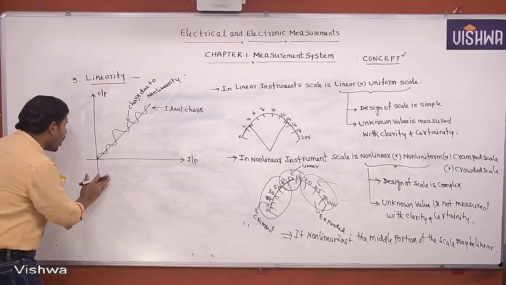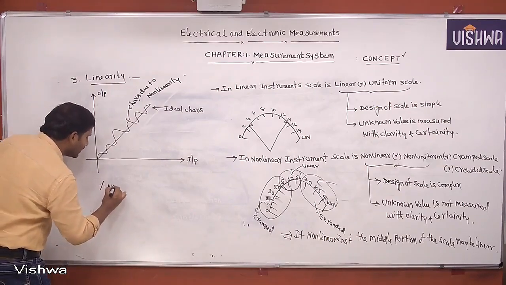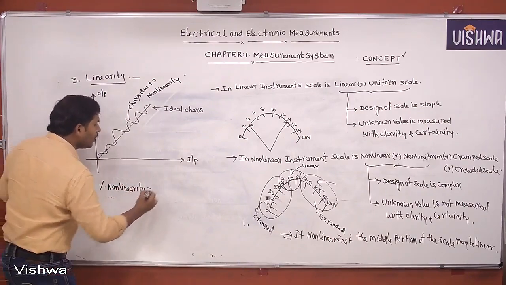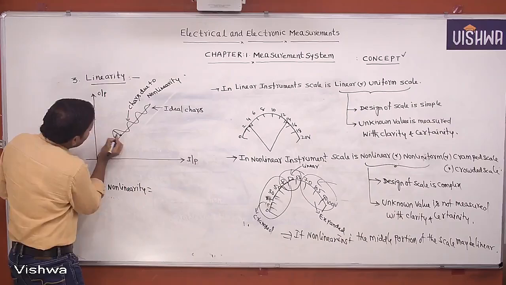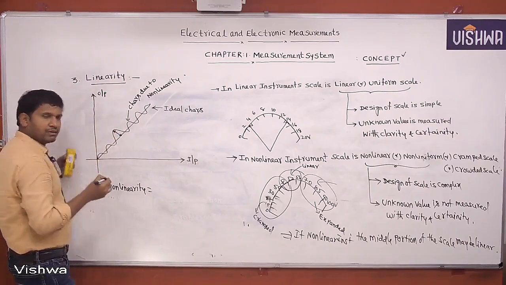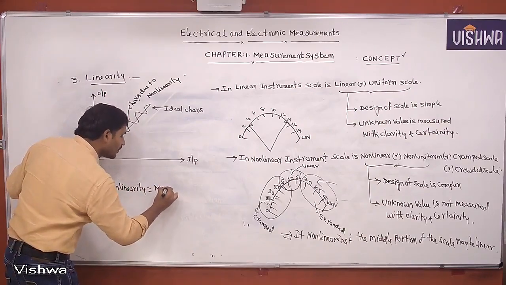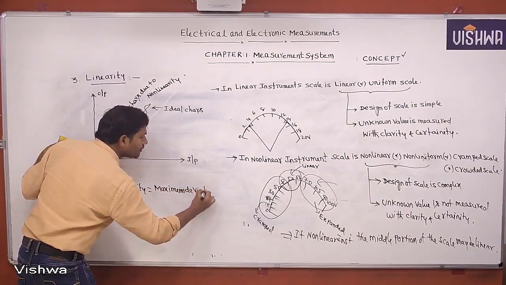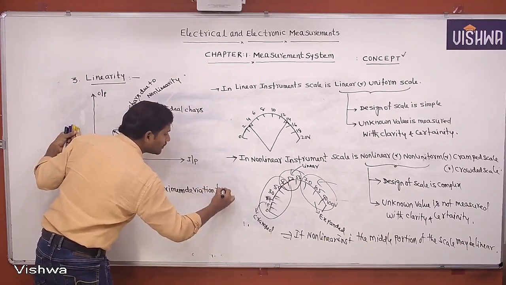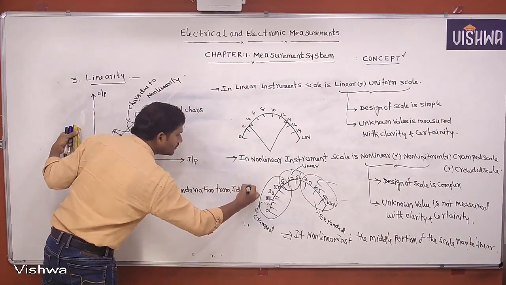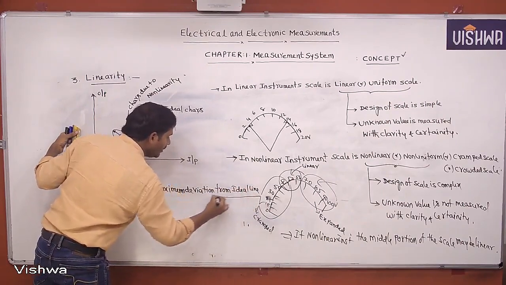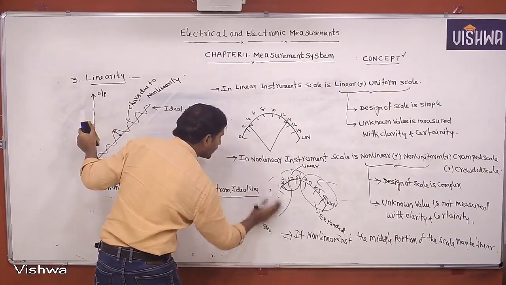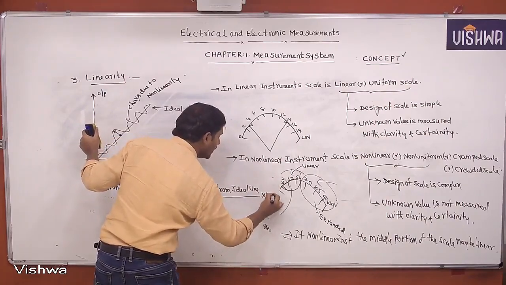Then in this instrument, how much percentage non-linearity is present? How to calculate? Important formula. Percentage non-linearity equals maximum deviation from the ideal line, this is the maximum deviation, divided by full scale reading, into 100.